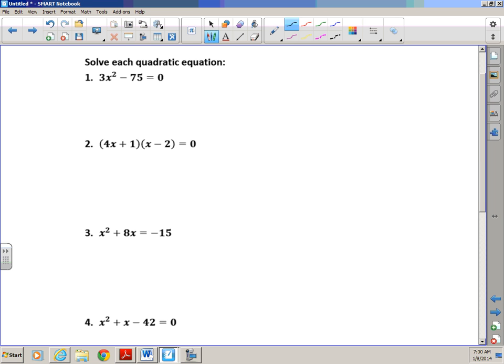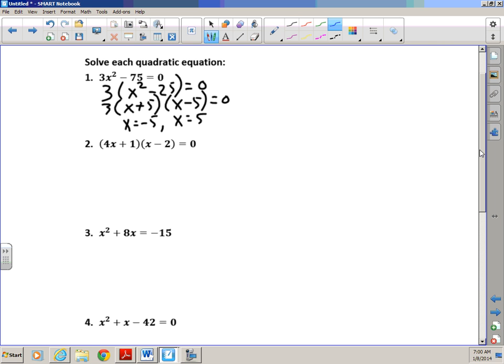The first way is I could factor out the 3, and I get x squared minus 25 equals 0. And then I can factor it by using dots, and I get x is equal to negative 5 and x is equal to 5. Now, the other way you can do this is by just solving it almost like you're solving a linear equation.